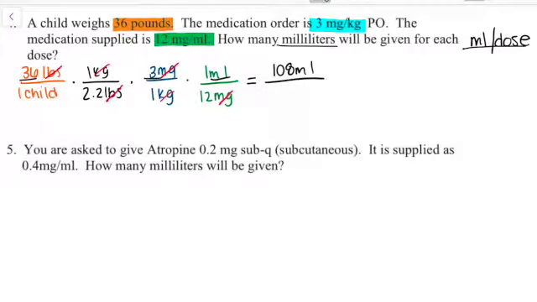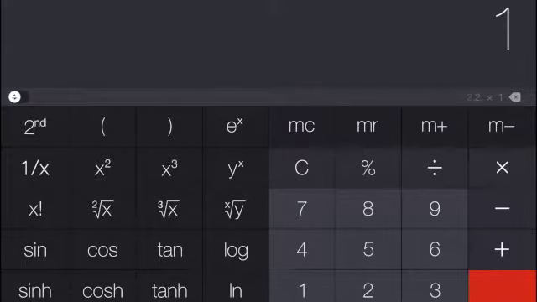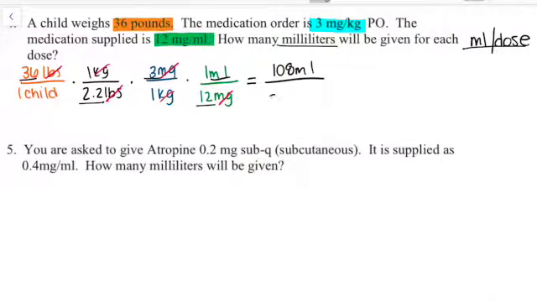So we now need to multiply 2.2 times 12 equals 26.4. So that's the dose.